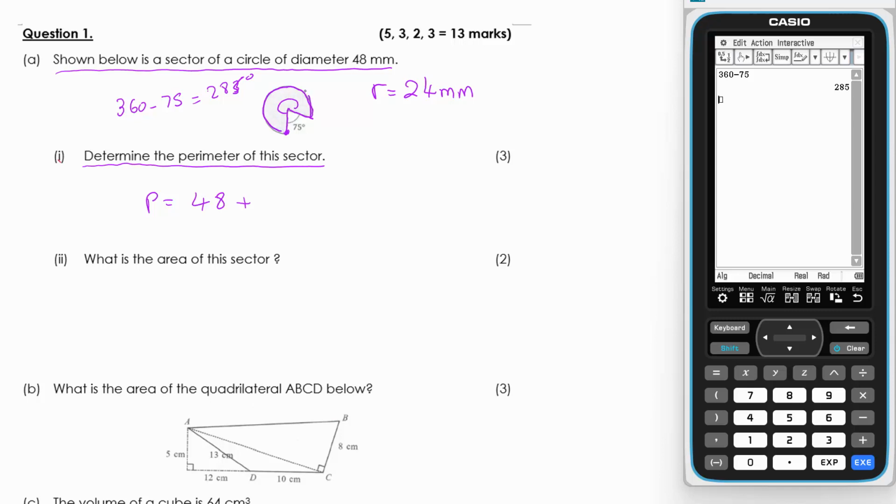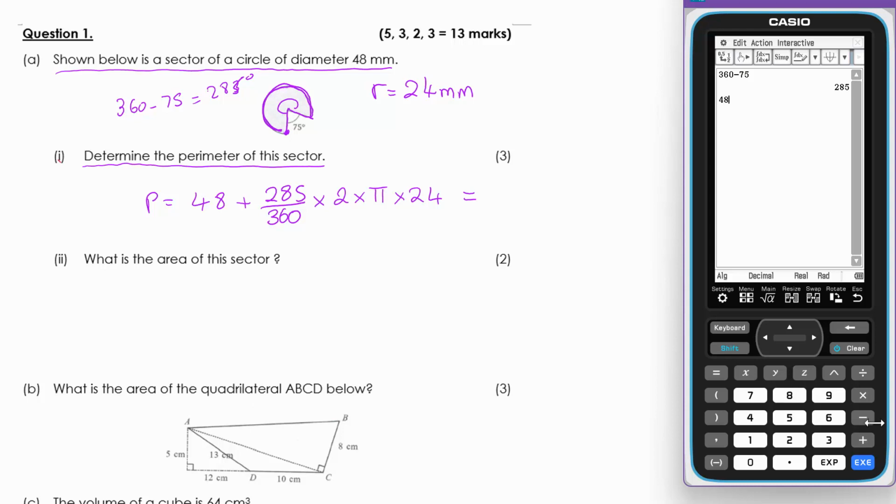So when we go around the curve, we're going 285 360ths, remember 360 degrees in a circle, of the circumference. And the circumference is 2 times pi times the radius. So we just need to calculate that.